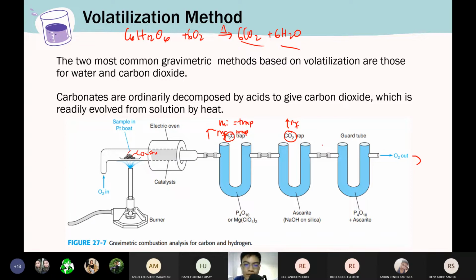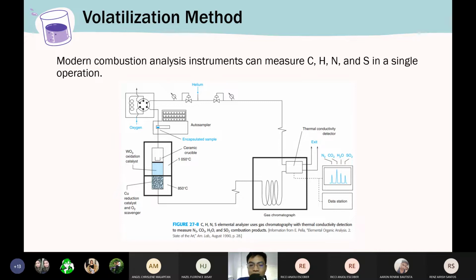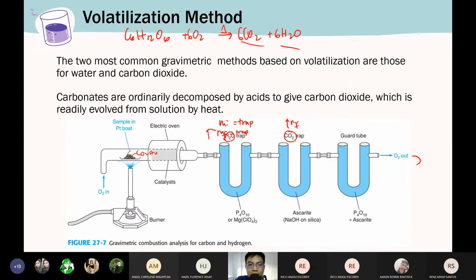Okay? And using stoichiometry uli, you can actually determine the empirical formula of your compound. Okay? I think nagawa nyo na to nung high school, but I know na nakalimutan nyo na, so ulitin uli natin siya.